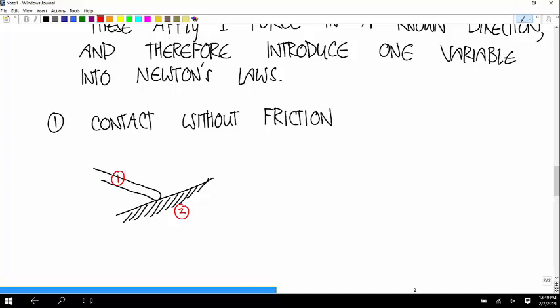So it can't move this way. It can move this way. Can it rotate? Yeah, I mean, you could take the end of this and rotate it, right? So it doesn't prevent rotation. It doesn't prevent motion along the ground. It does prevent translation into the ground.